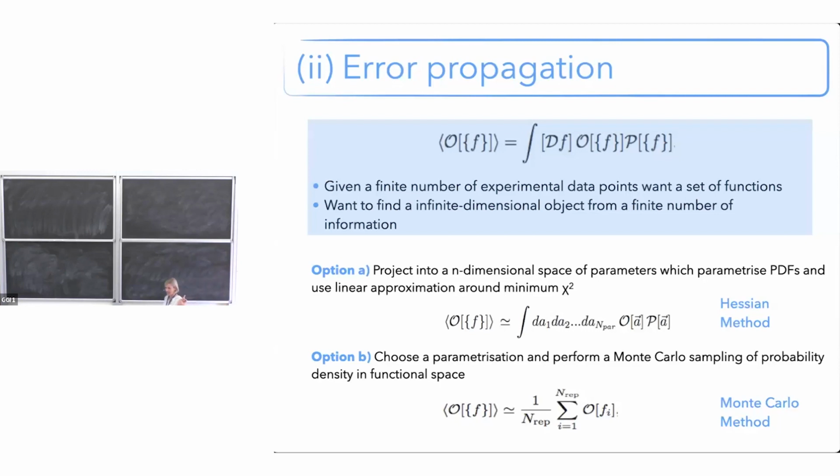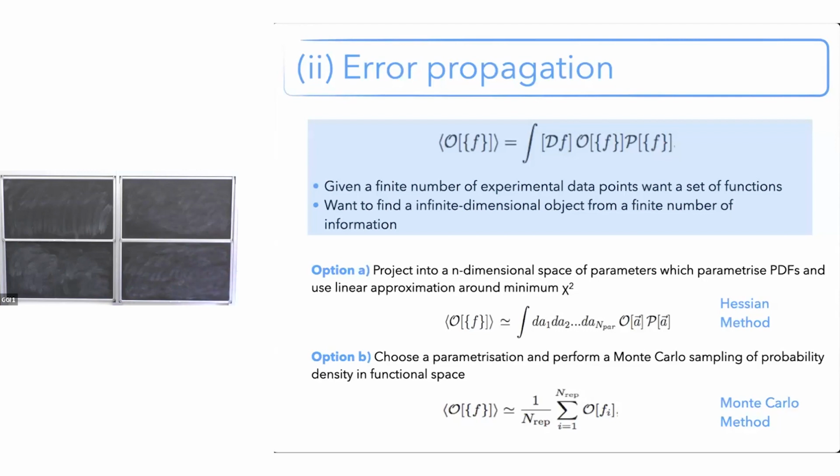So that's what is done in what we call the Hessian method. I'm going to tell you in a second what it means. But to do that, you really must have a fixed parameterization, all right? The other method is to do a Monte Carlo sampling of the probability density in a functional space.